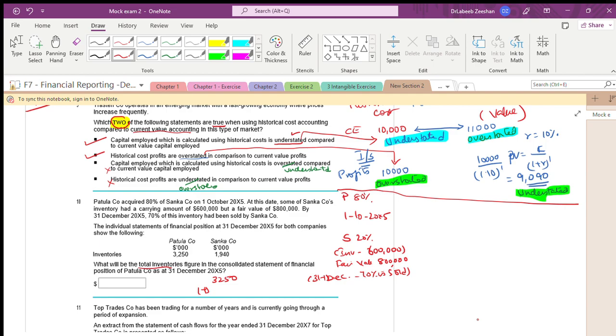Where 70% of the inventory has been sold, it means 30% is not sold. Is it right? 30% unsold. Now, total inventory.